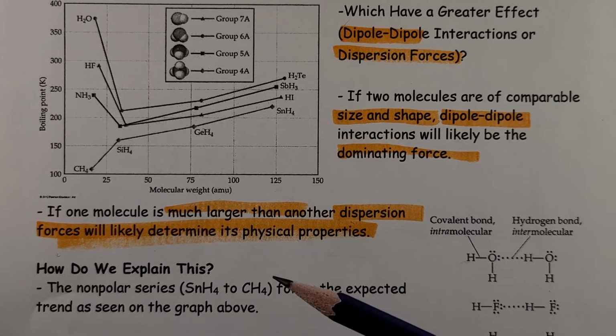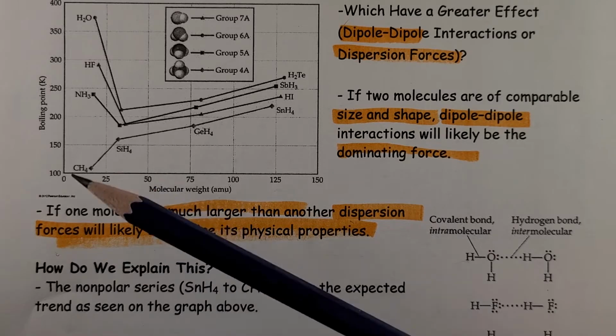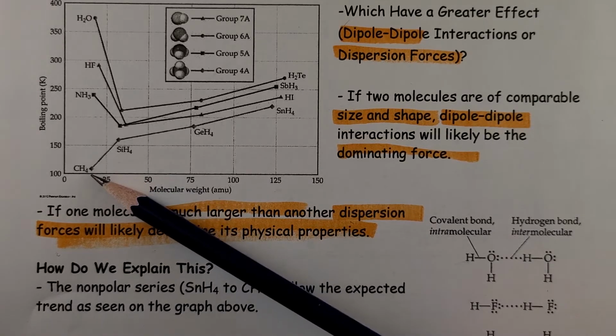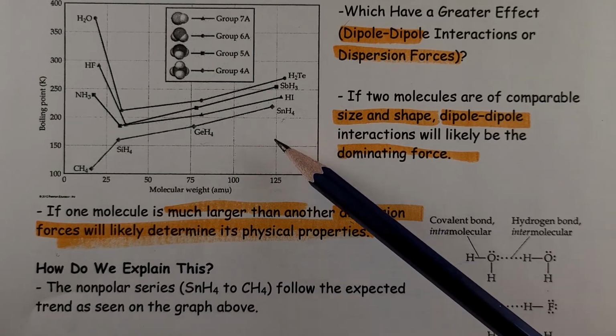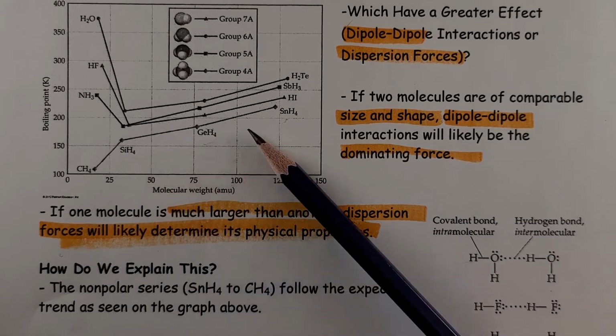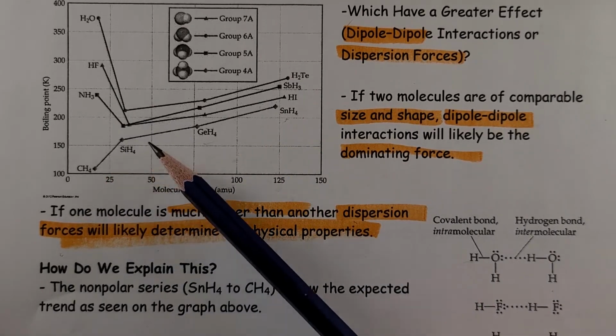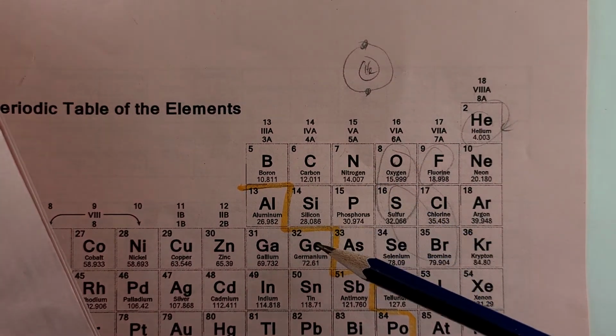Okay, so this trend works, but there's some inconsistencies here. So for example, if we look here, CH4, SiH4, GeH4, SnH4, what's the difference between all of those? We can see they're all bonded to 4 hydrogens: carbon, silicon, germanium, and tin.